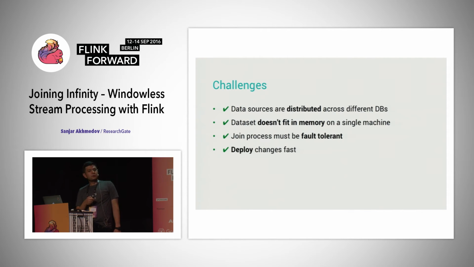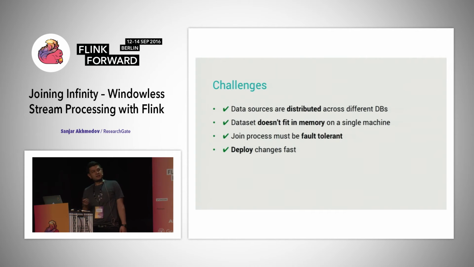And we want to deploy changes fast. For this, Flink has this savepoints thing, which is a very powerful primitive. And we can build sophisticated deployment scenarios on top of savepoints. We have multiple versions.